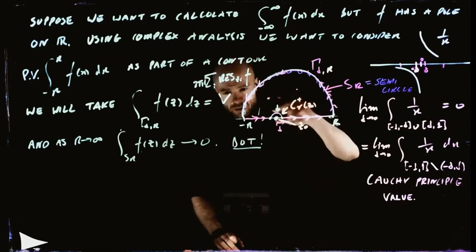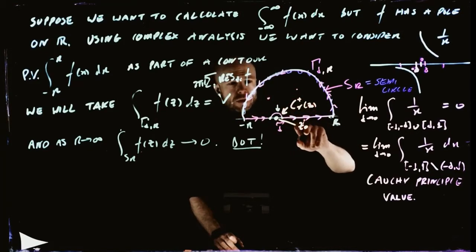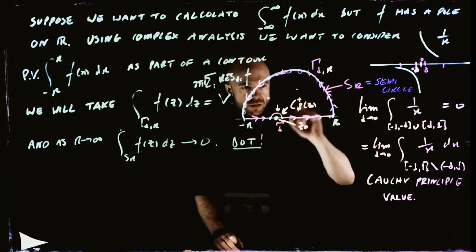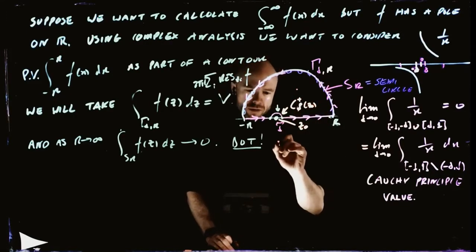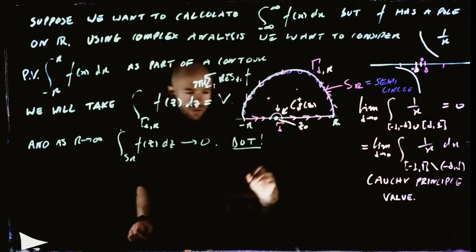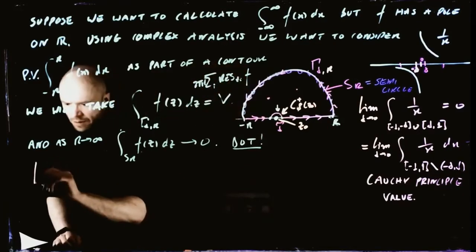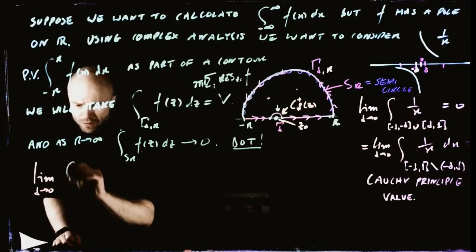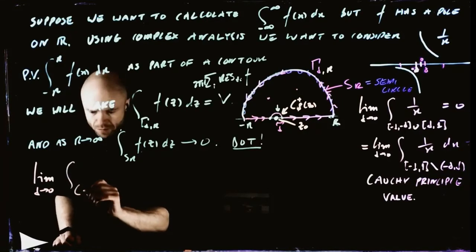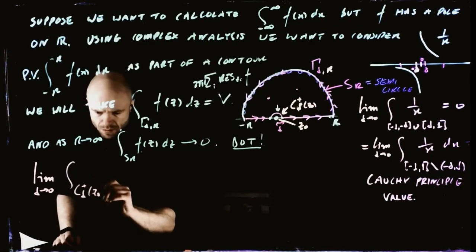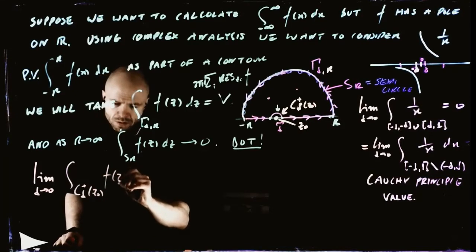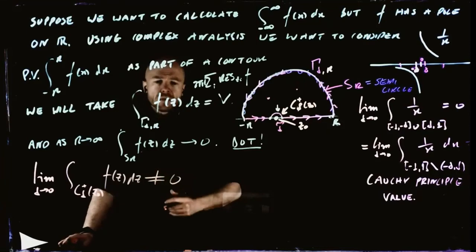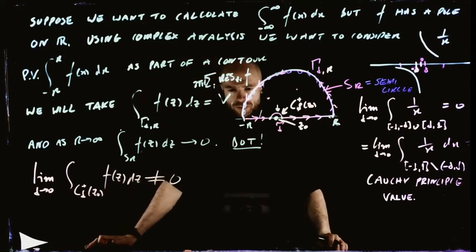So that's the upper semicircle of radius delta around Z0. But this thing, the limit as delta goes to 0 of the integral around this guy, is not equal to 0. We can't just ignore it.